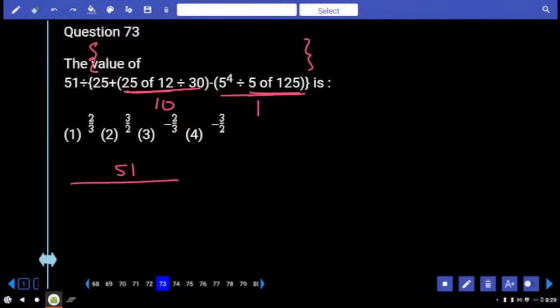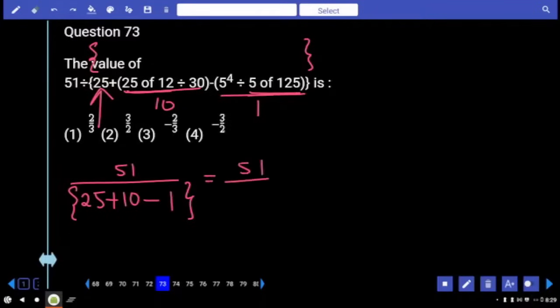Whatever numbers we have all come in the denominator only because they are in flower braces. 25, this number, plus 10 minus 1, denominator 34. What is difference between numerator and denominator? 17. 3 times 2 times, 3/2 is the answer.